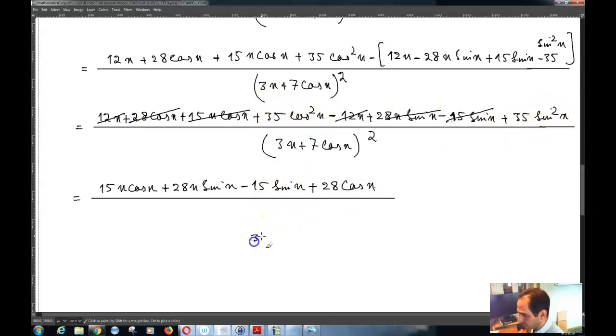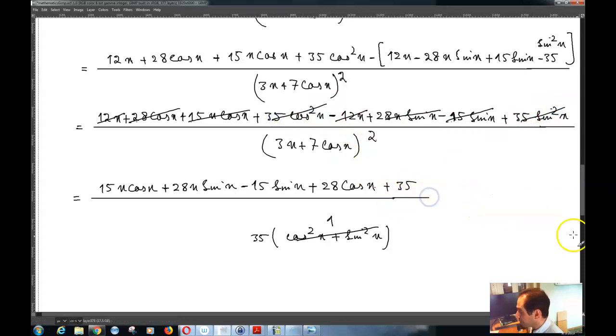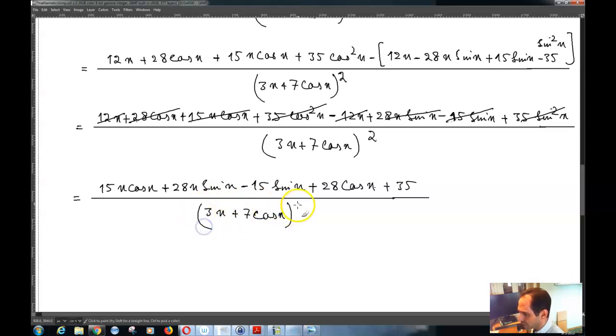If I take 35 out, I will get 35 times cos squared x plus sin squared x, which would be 1 basically, so that's just plus 35. And then in the denominator we have 3x plus 7 times cos x raised to the power 2. So I suppose that's the answer to number 26.